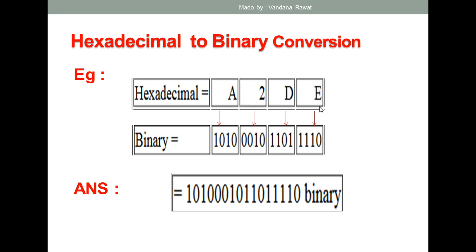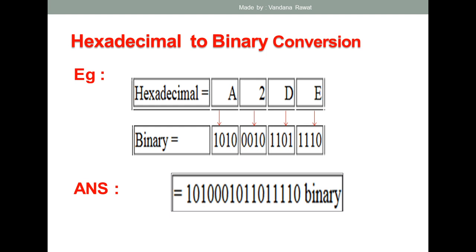Hope this thing is clear to everyone, like how to convert any hexadecimal number into binary. Because this is very easy, I'm not telling you another example of this, because directly you can solve it with the help of the table.